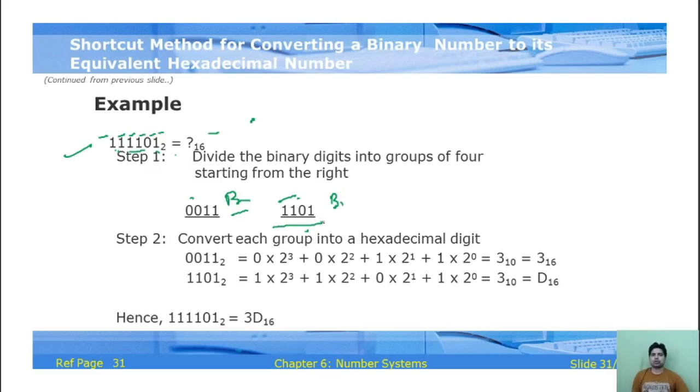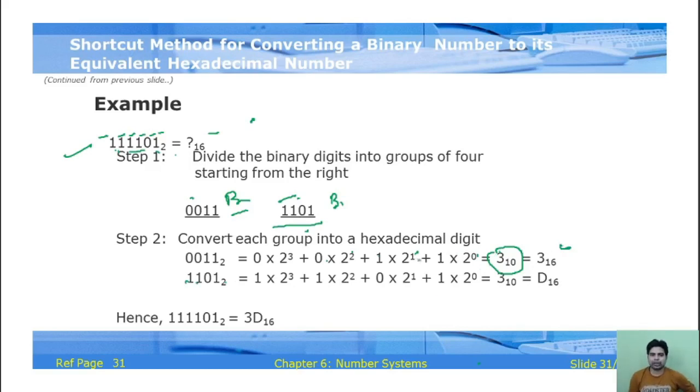Okay, so for converting to hexadecimal, this is 2 to the power 0 into 1, then 2 to the power 1, then 2 to the power 2 into 0, and so on. So here we get 3 in base 10. Clear? Yes, and this is the decimal number, and for 1101 the same way it can be calculated.